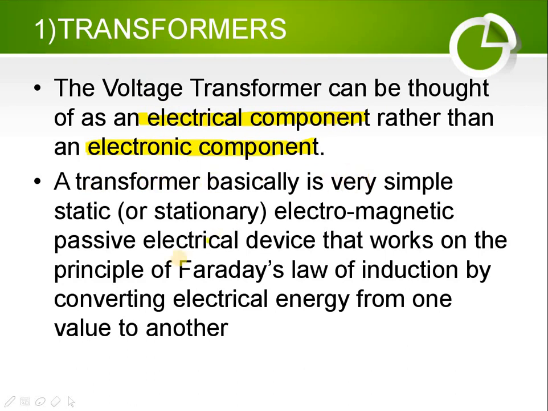A transformer is based on the principle of Faraday's law. Faraday's law is very simple: if there is a coil, for example this is a coil, let's say, I'm not good at drawing, and it is connected with some alternating source, alternating current, then we can call this a primary coil, and it creates a magnetic field around it.